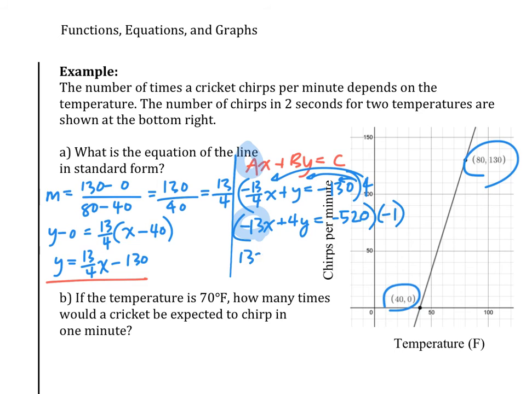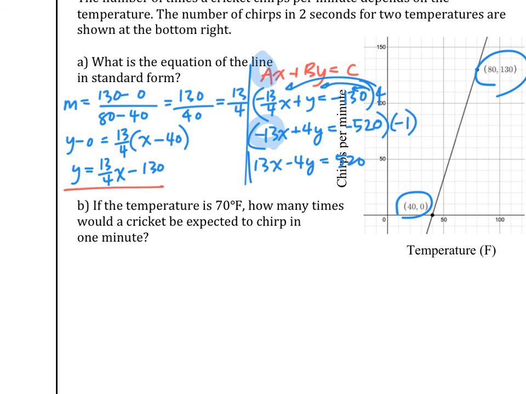So 13x minus 4y equals 520. So now this is in standard form, and this is good. This is our answer. The second thing says, if the temperature is 70 degrees F, how many times would a cricket be expected to chirp in 1 minute?